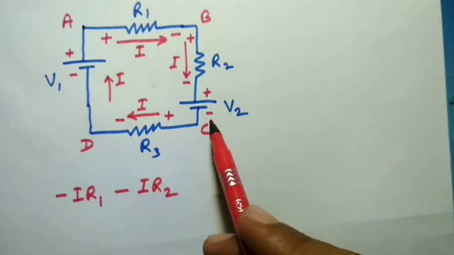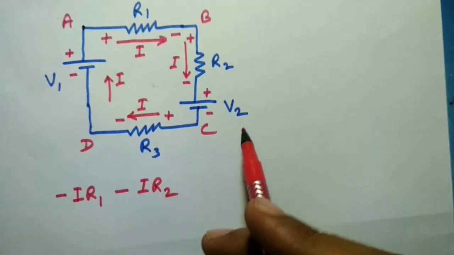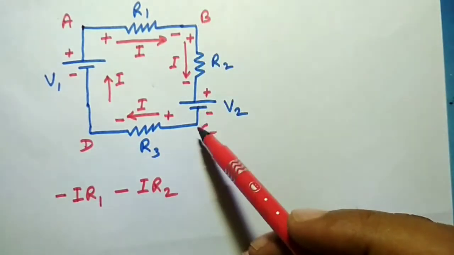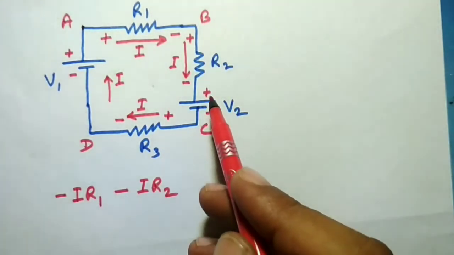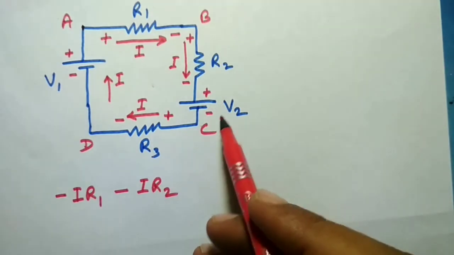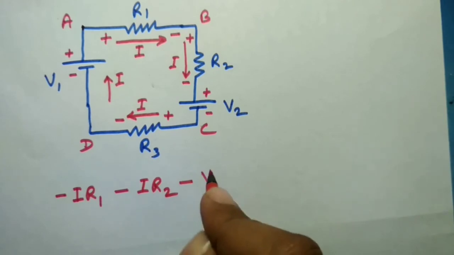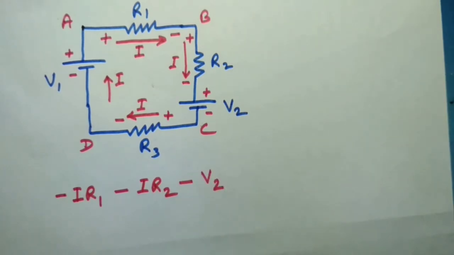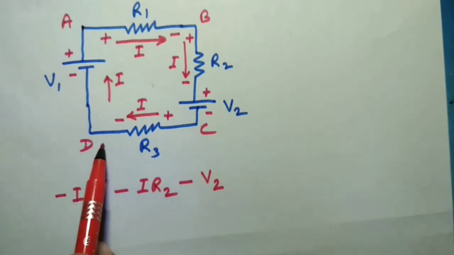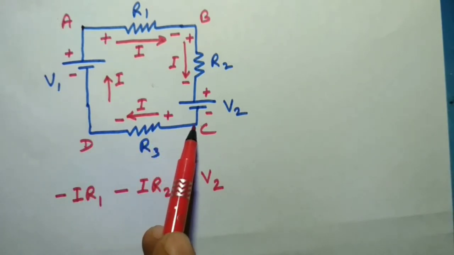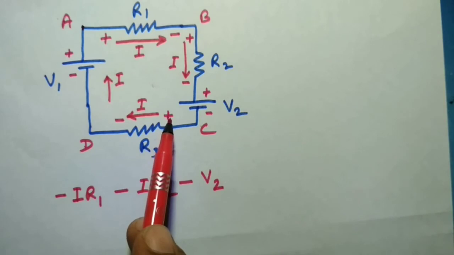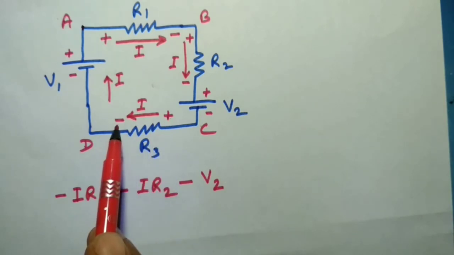Then we have to consider the voltage source V2. And as we move from B to C, we are moving from plus to minus sign for the voltage source V2. So again, it will be taken as negative, minus V2. Then from C to D, the direction of the current is from C to D. That means this side is the plus sign and this side is the minus sign.